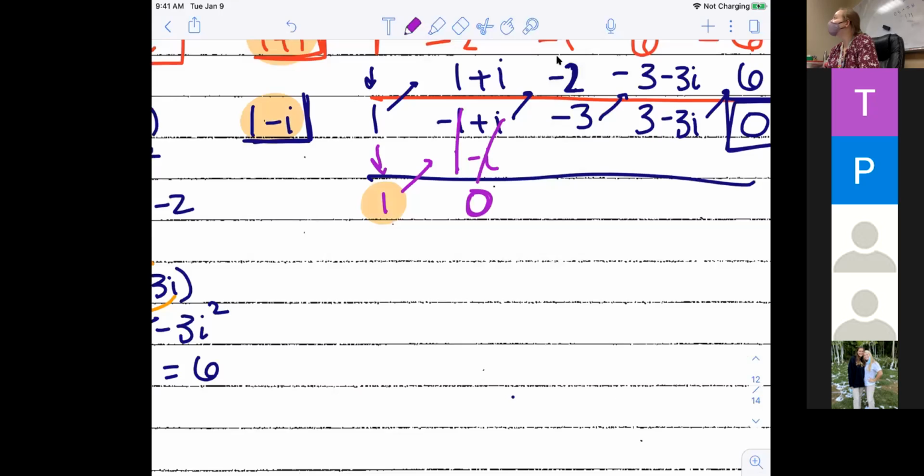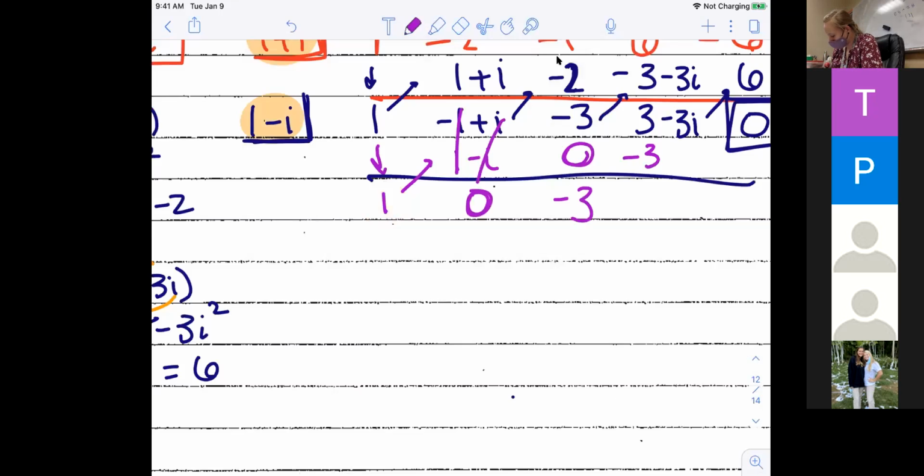That's a real number. Now I do 0 times 1 minus i. Well, anything times 0 is still 0. Negative 3 plus 0 is negative 3. We doing okay? Now negative 3 times 1 minus i, so we distribute that negative 3 to my 1 minus i.